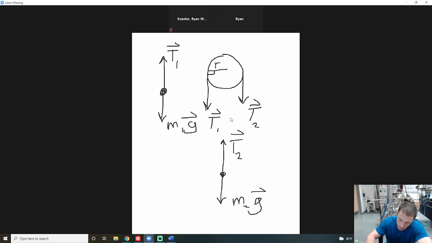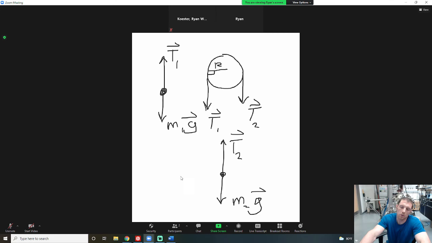It's a right angle, this is r. And so we don't have to tack on any trig functions, or rather, sine of 90 degrees, right? Remember the angle between the position vector of the force and the force vector is 90 degrees, so the corresponding torque here should just be r T1, right?